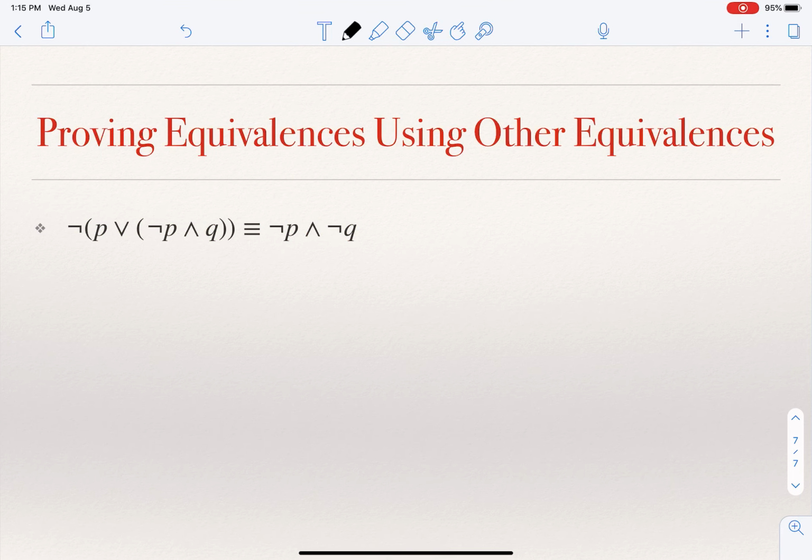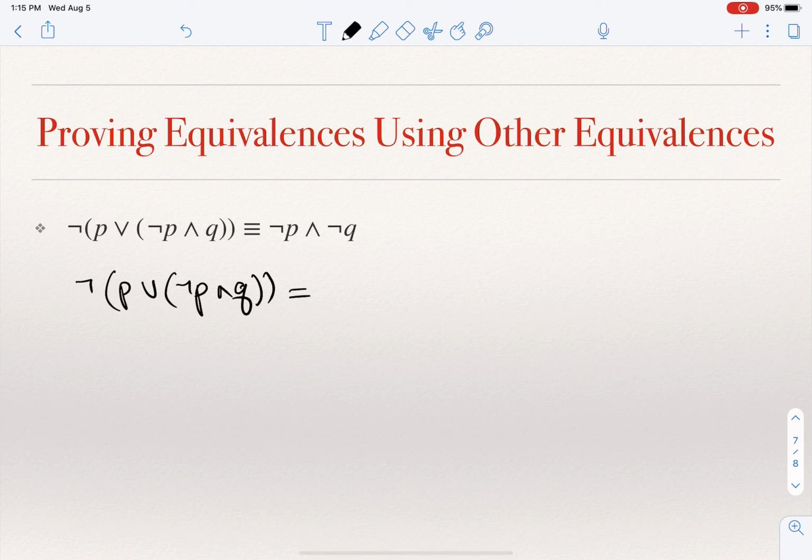As another example, suppose I want to show the equivalence of these two statements and I don't want to use the truth table. So I can start again with the left-hand side. And you don't have to start with the left-hand side. Sometimes you can start with the right-hand side as well. So I want to show the negation of P or not P and Q is equivalent to that thing on the right.